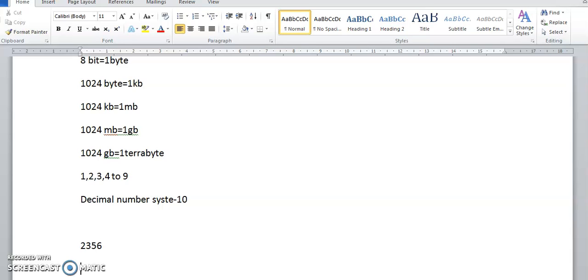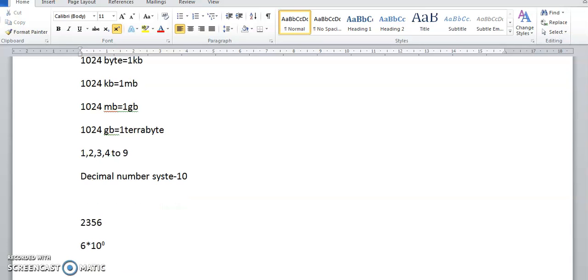2356. What is the place value of 6? This is 6 into 10 raised to 0. 10 raised to 0, that means this 0 is a superscript. You know very well what a superscript is.